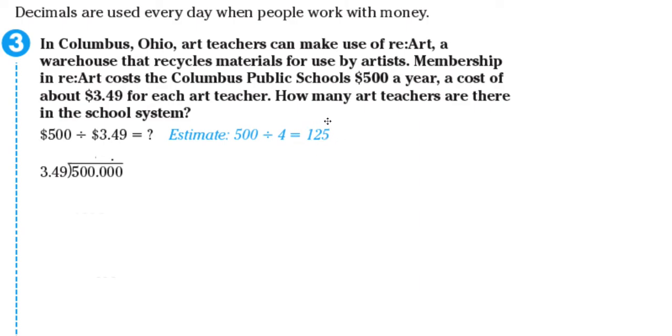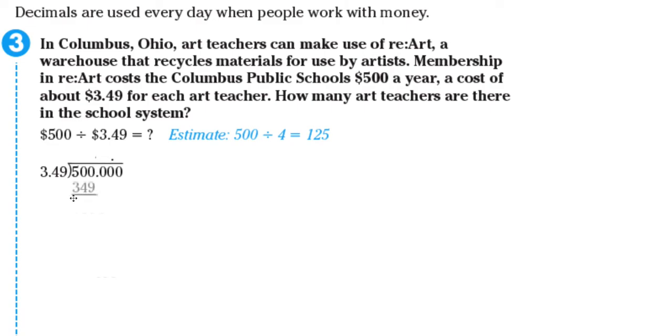Okay, so we want to find out 500 divided by 3.49, and we estimate 500 divided by 4, so our answer should be close to 125. Okay, and we make this into our division problem, where 500 goes into our house and 3.49 goes out, and we divide. We make 3.49 into a whole number.